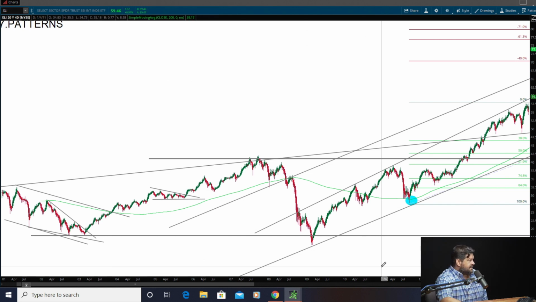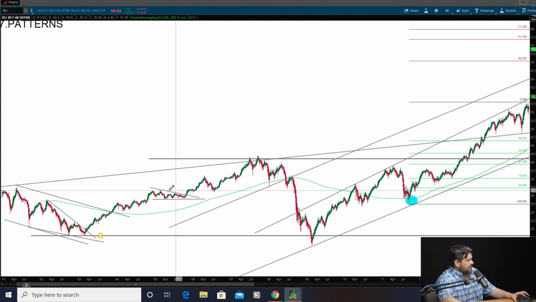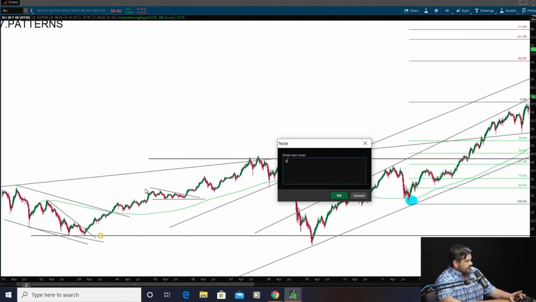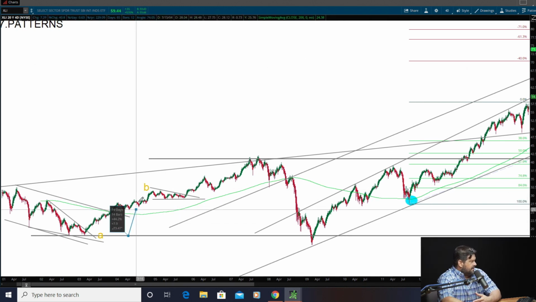The next thing is a thing called the ABCD pattern. With the ABCD pattern, you basically have an A here and a B here, and you have basically preset ranges. So from A to B goes up. If you take that and you duplicate that, that range should come up right into this pattern here.